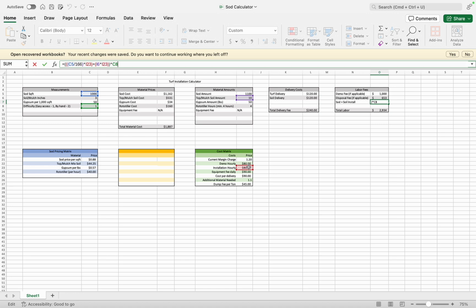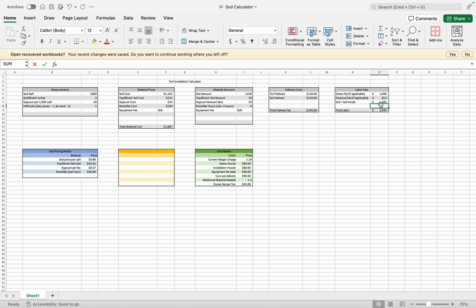Boom. It's probably quicker than that. Actually, I know it's quicker than that, but we go on the high side. And then we multiply this whole equation by the level of difficulty. This is machine, so it's easy, and we get our cost to install the sod and soil.